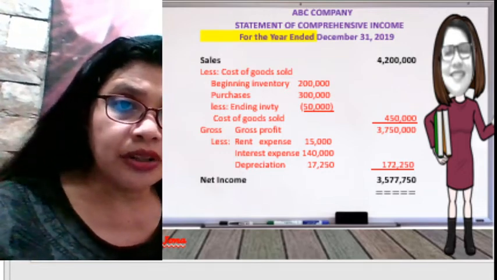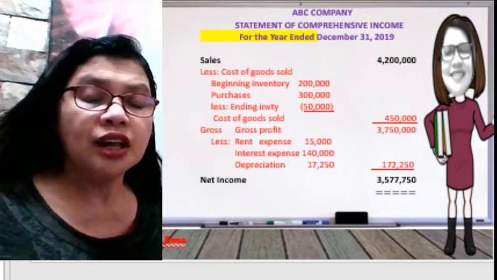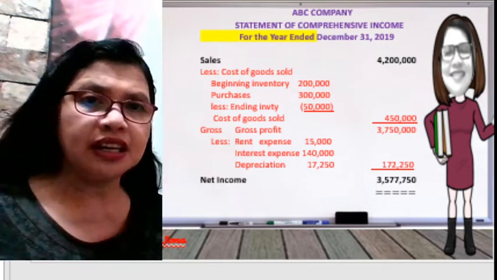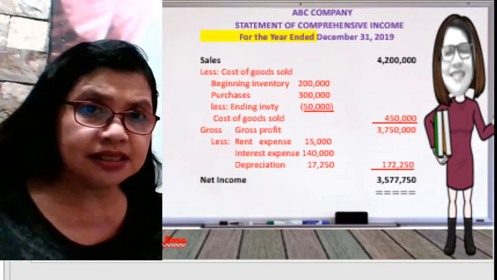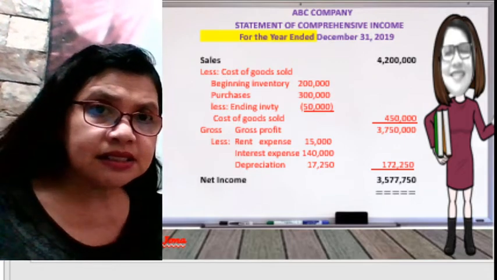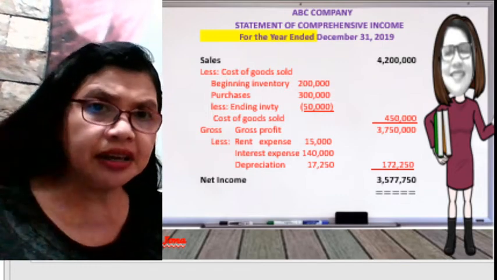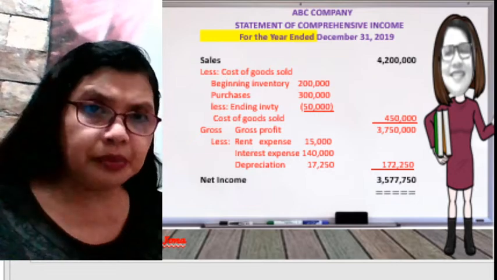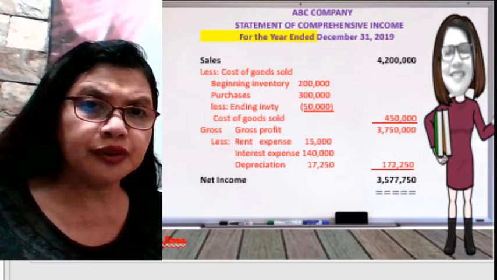4,200,000 less the cost of goods sold of 450,000 will give us a gross profit of 3,750,000. Gross profit of 3,750,000 less the expenses will give us the net income. If you will notice, included in the expenses are the rent, the interest, and the depreciation, so it will give us a total of 172,250.